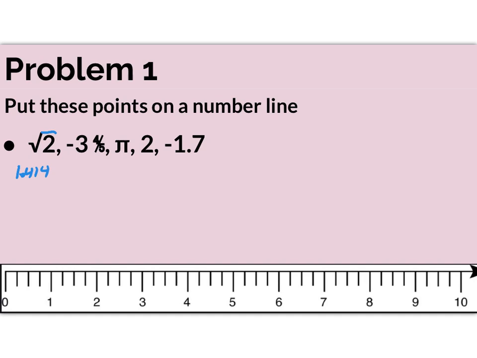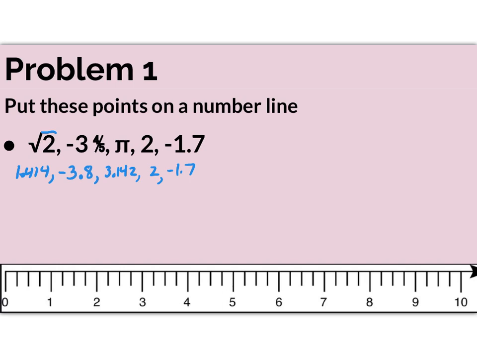We round everything to the thousandths place if we can. 4/5 is 0.8. Pi is 3.1415, which rounds to 3.142, and the negative 1.7 is already a decimal.